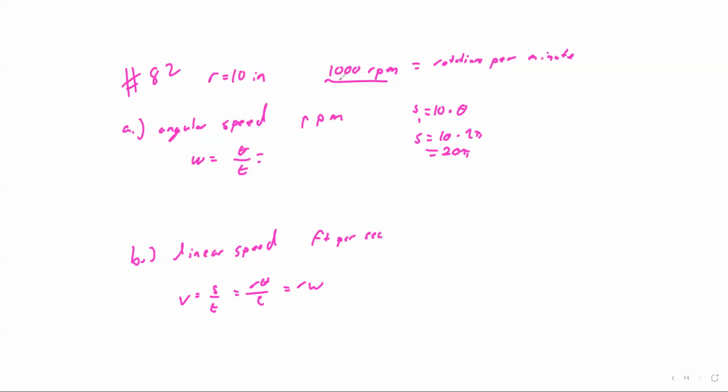And since it goes around 1,000 times, let's scratch this idea. We'll do this in a backwards direction. If one circle around is 20 pi and it went around 1,000 times, then we would just multiply that by 1,000, and now we would have 20,000 pi.